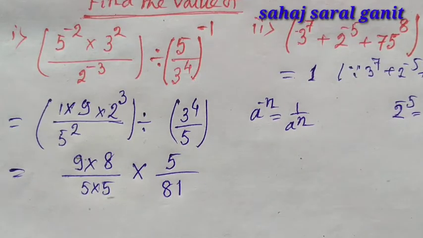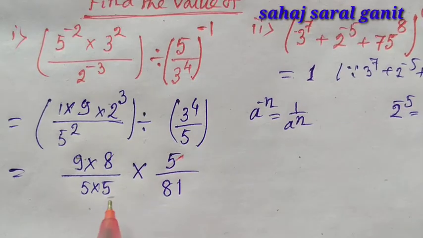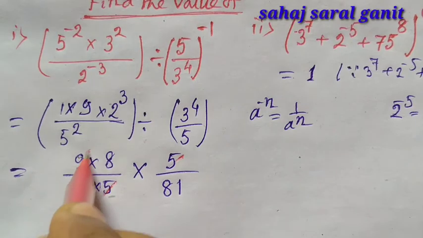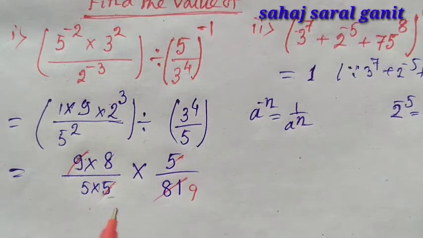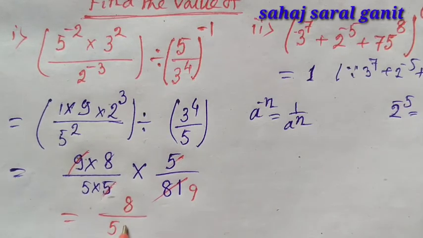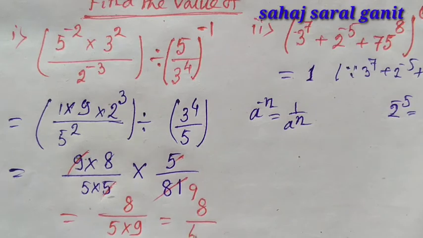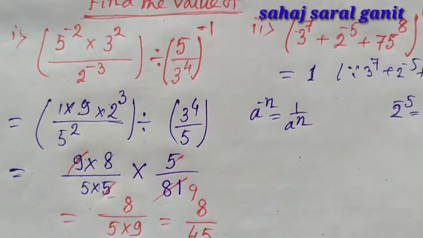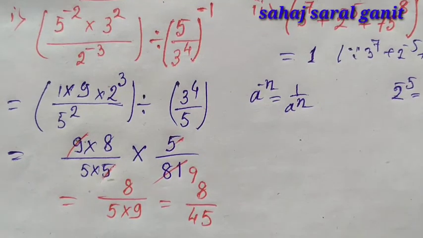Now if we strike out 5 and 5, and 9 into 9 is 81, we have 8 divided by 5 into 9, that is 8 divided by 45. The solution is 8 divided by 45.